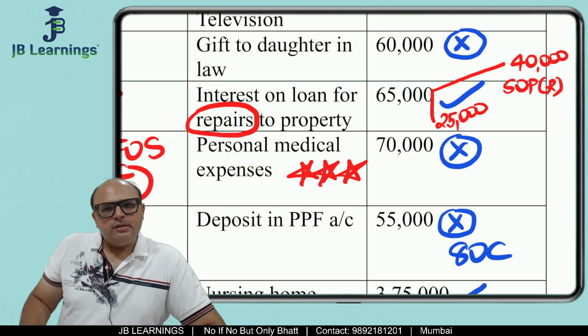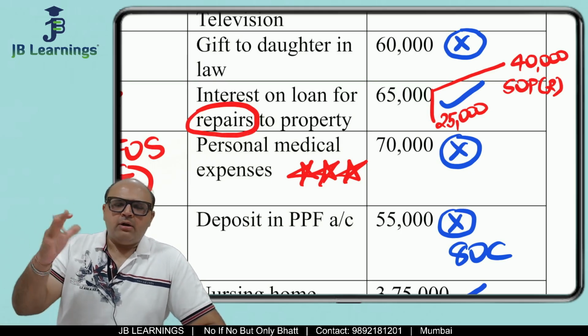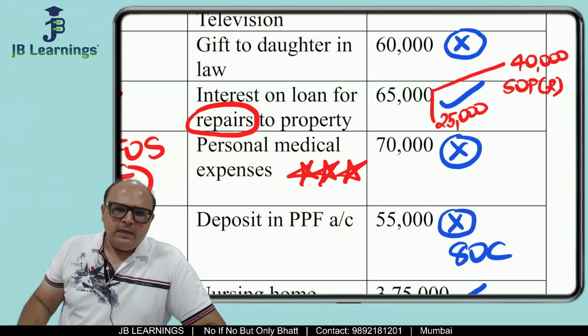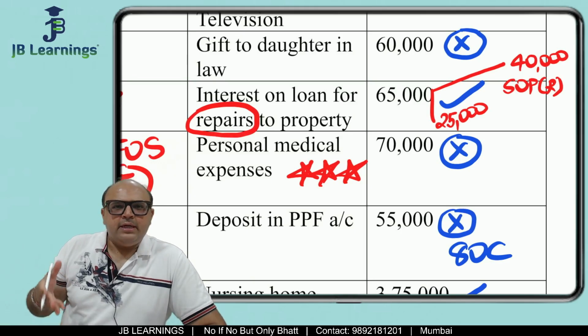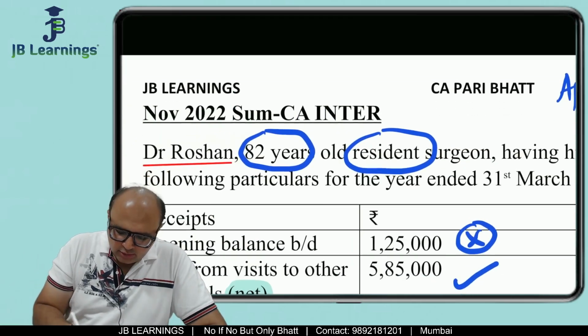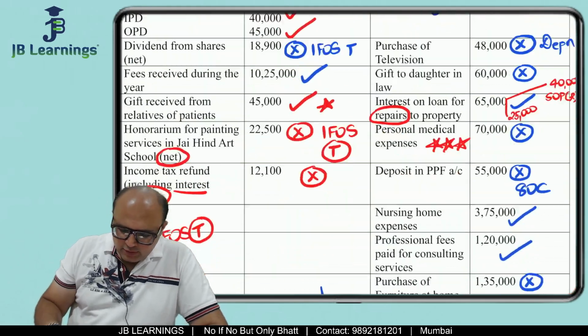Now, what the institute has written in their suggested answer is, if you assume that this doctor does not have a mediclaim policy active in his name, then under 80D, medical expenditure is allowed as a deduction, and the doctor is a senior citizen. So 50,000 deduction is allowed.